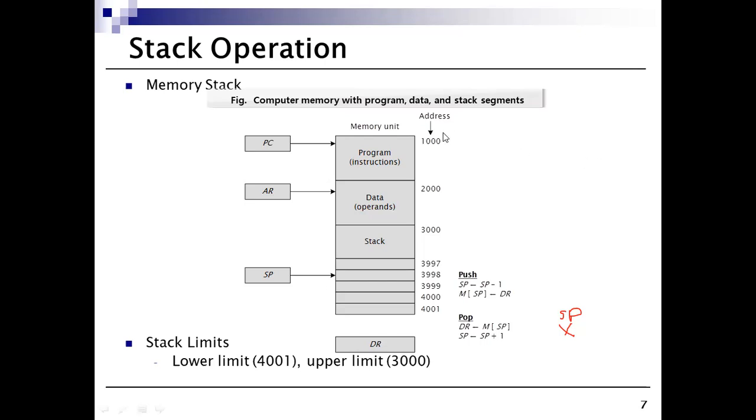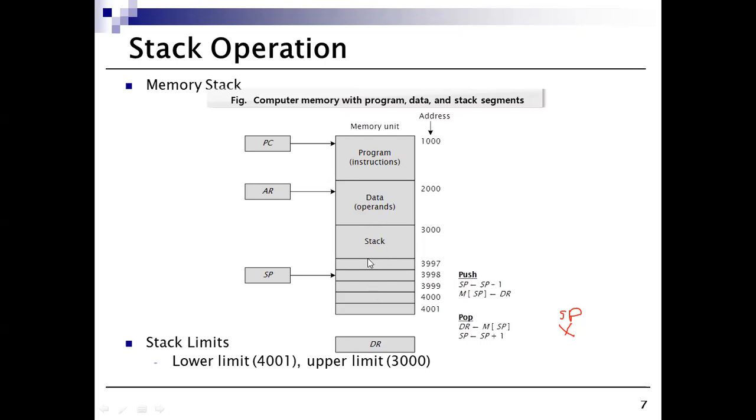Here, your program, consisting of a sequence of instructions, needs a pointing register to point to those instructions, which is called the PC, program counter. Similarly, for the data segment, the data portion of your memory which holds the operands, the address of the operand is available in another register, which is called AR.